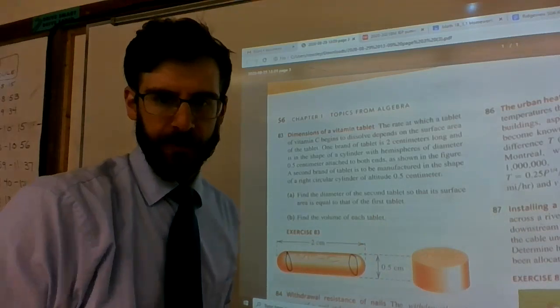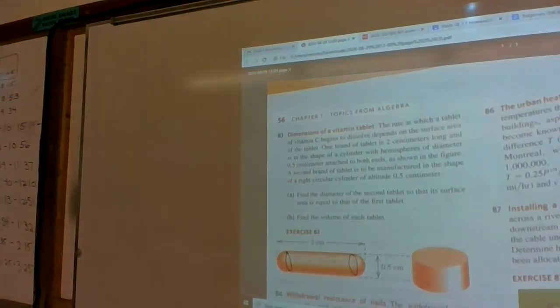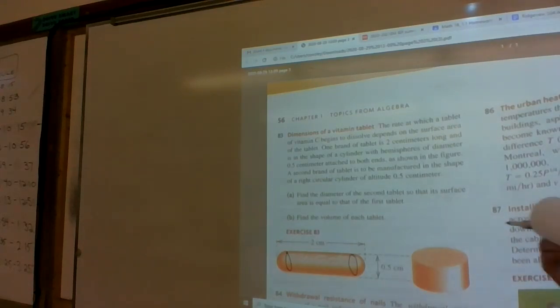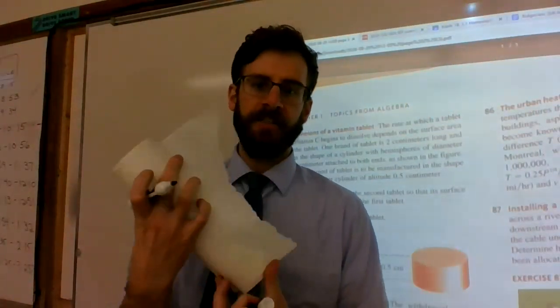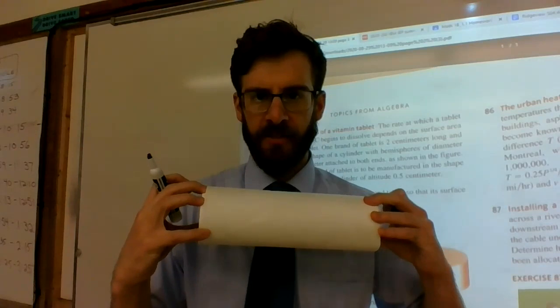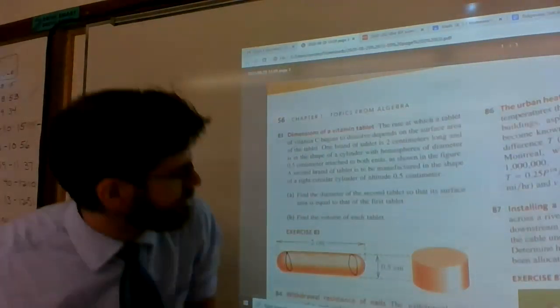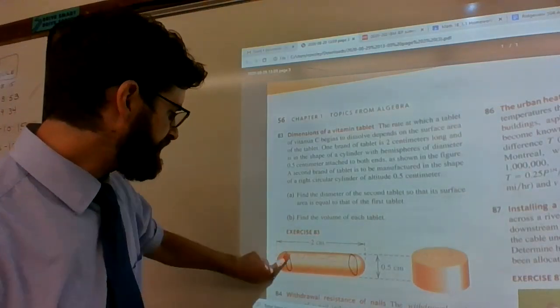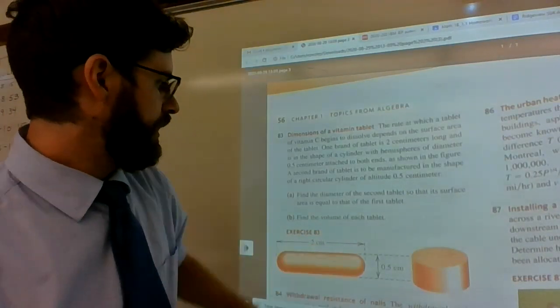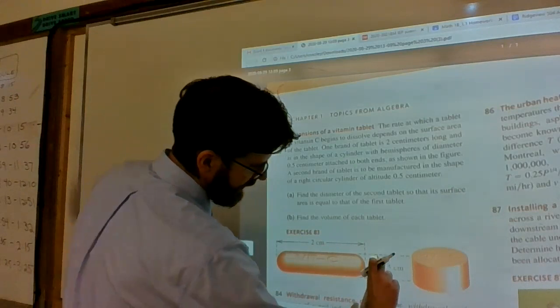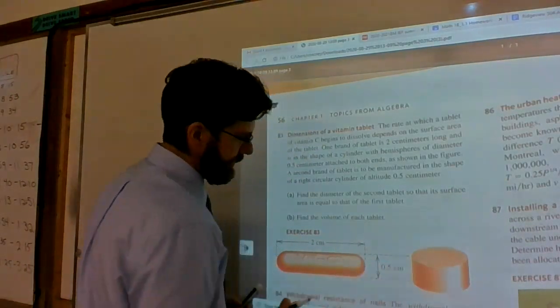Think of it like, I don't know, a paper towel dispenser. It's basically a cylinder like this with hemispheres on both sides. And they say that the diameter of the hemisphere is 0.5 centimeters.